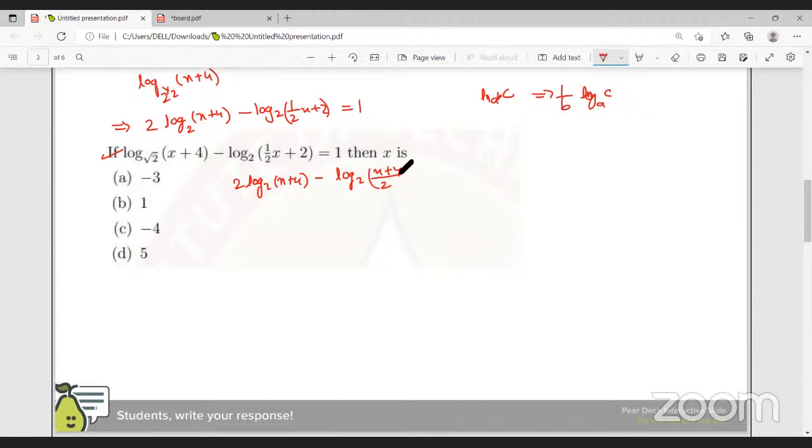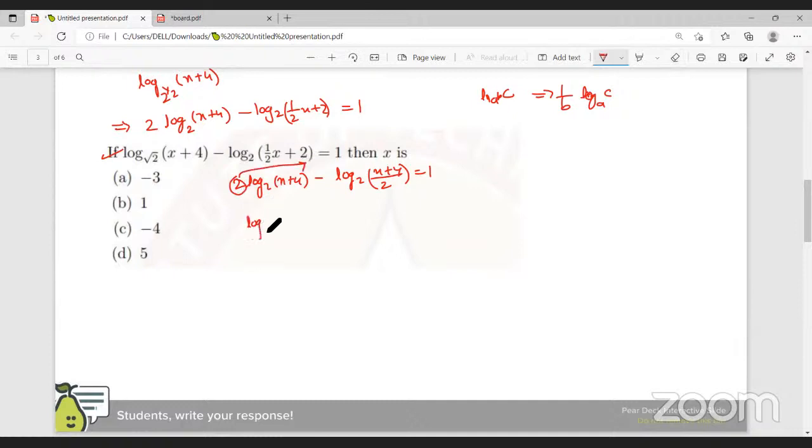Then we apply the log m by n rule here. If you apply the log property, we have to make x plus 4 whole square first, then apply the minus m by n rule. So you cannot apply the base change property directly here. So what I will do is take this 2 here in the power.